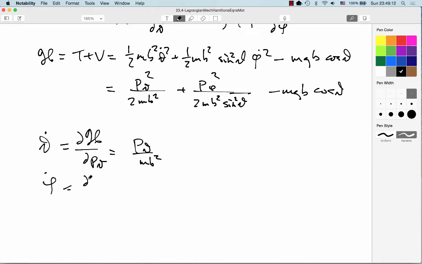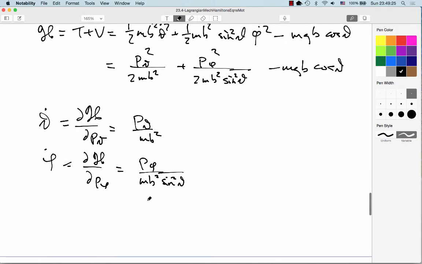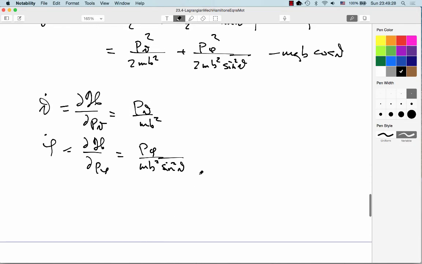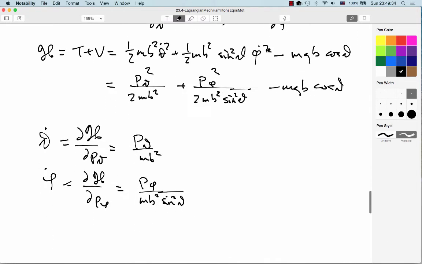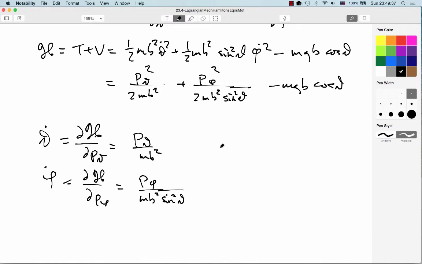Phi dot is partial h partial p phi, which is equal to p phi over m b squared sine squared theta. And also, while we're at it, we look at the Lagrangian and see that phi is ignorable, so we can conclude that p phi is equal to a constant.